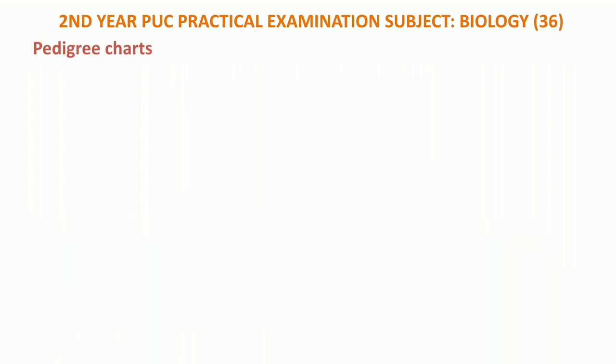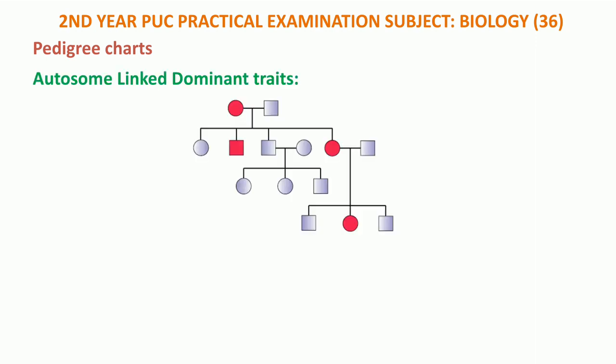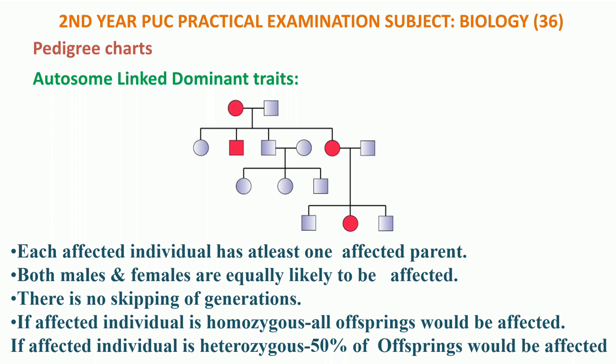And sometimes they give a pedigree chart under 6th question F. If they give this flow chart, it is identified as autosome linked dominant trait. For this identification, when you write autosome linked dominant trait, you will get 1 mark, and when you write these points, you will get 1 more mark, totally 2 marks. Each affected individual has at least one affected parent.